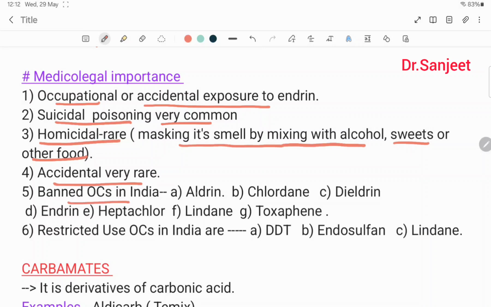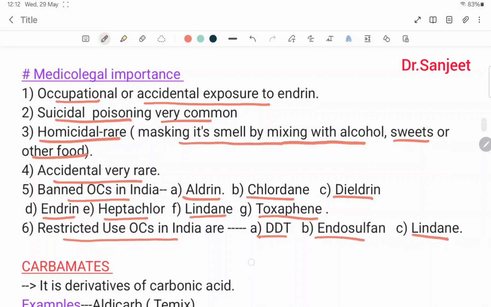Banned organochlorines in India: aldrin, chlordane, dieldrin, endrin, heptachlor, lindane and toxaphene. Restricted use organochlorines in India: DDT, endosulfan and lindane. These are the medical importance.